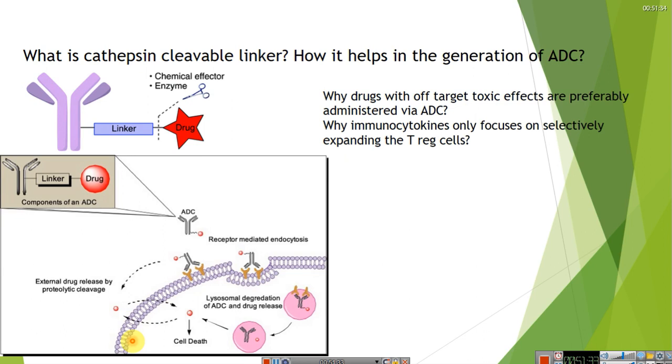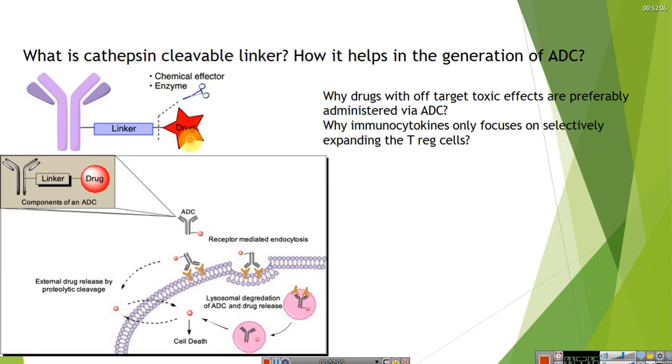Okay, now Julie asked me one question: what is the cathepsin cleavable linker and how does it help in generation of an ADC? Yes, how does it help in generation of the ADC? So this is what a cathepsin linker and drug will look like.